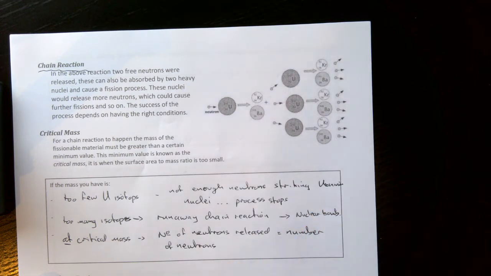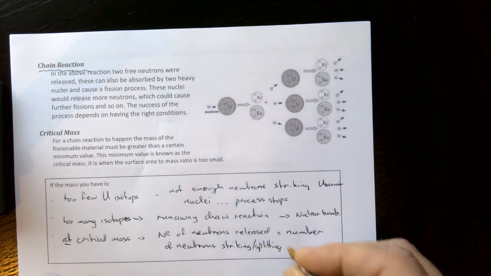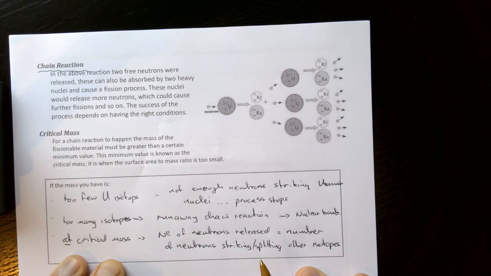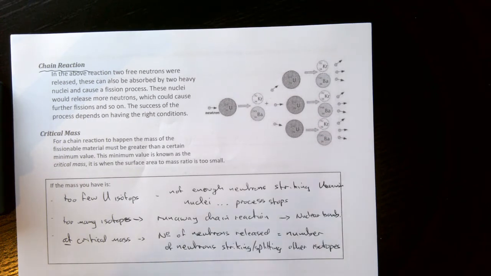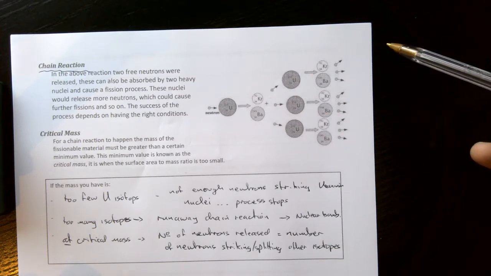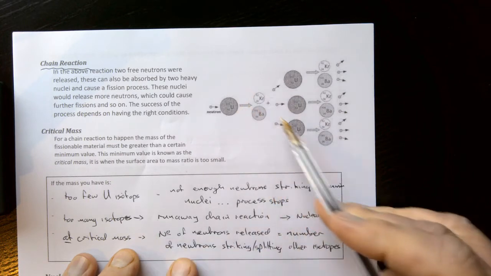Or we shall stick with the process of striking, splitting other isotopes. Okay, so at critical mass we have just enough mass to keep the process running without it running away out of control. So nuclear power stations are designed to have just enough mass to keep this chain reaction happening.